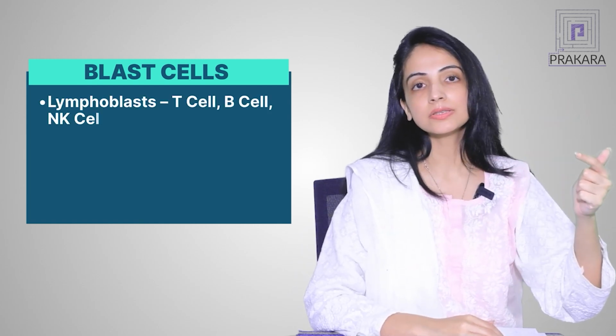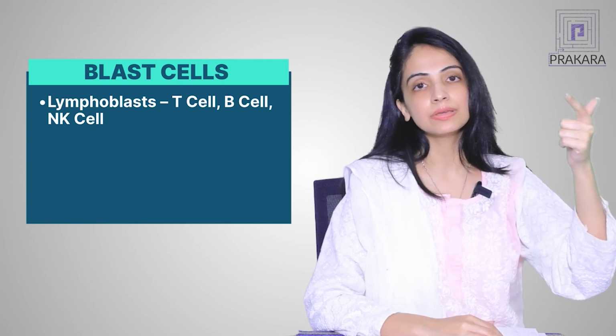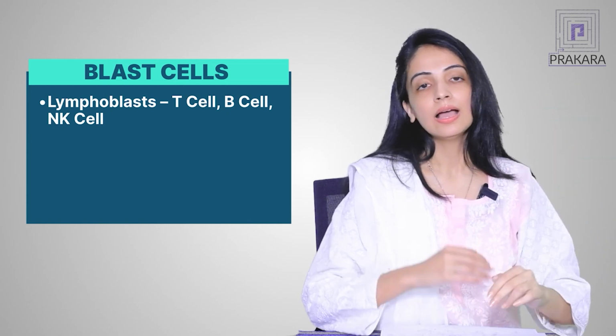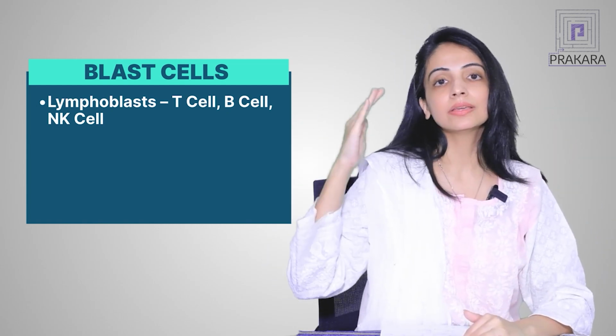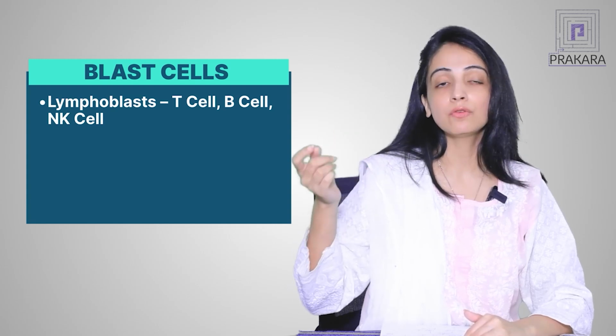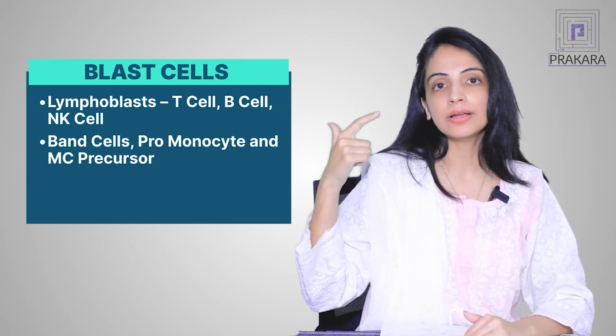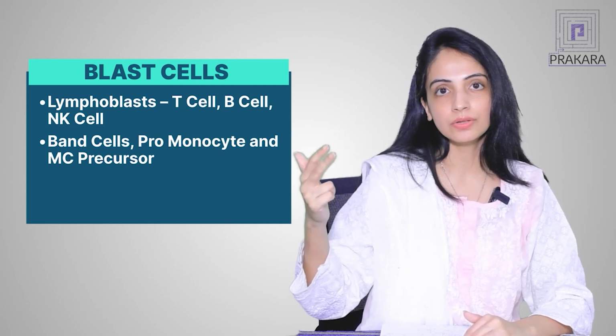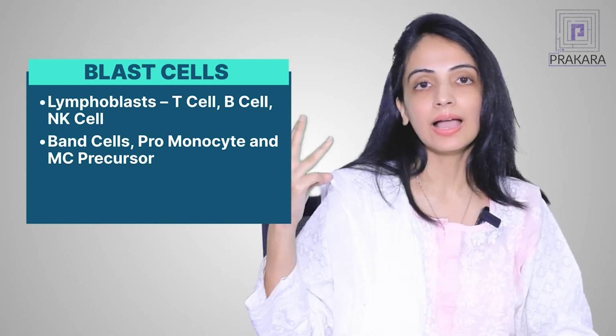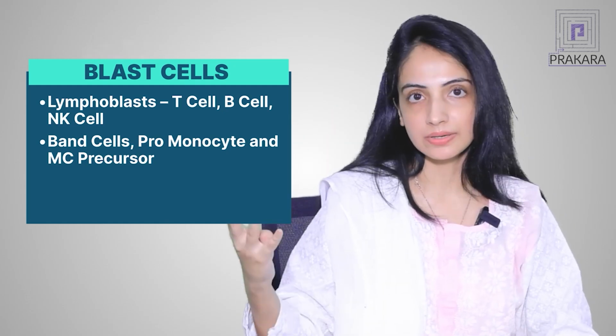The blast cells on the lymphoid side include the lymphoblasts, which will give rise to T cell, B cell and natural killer cell, and on the myeloid side they include blasts for the WBCs, which are called bands: band neutrophil, band eosinophil, band basophil, promonocyte and mast cell precursor.